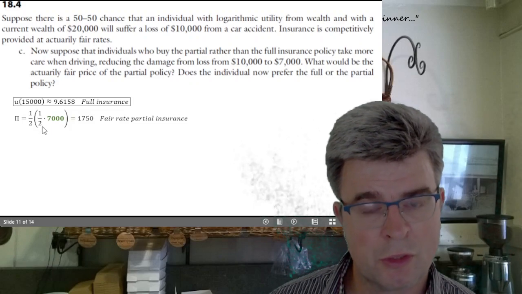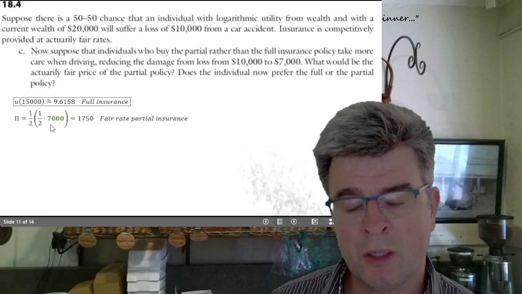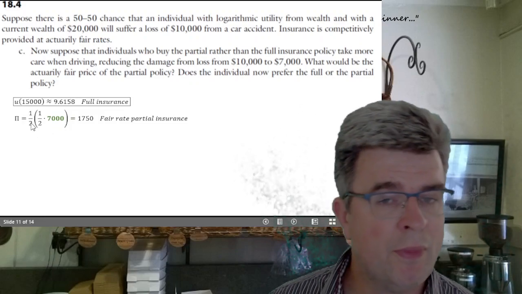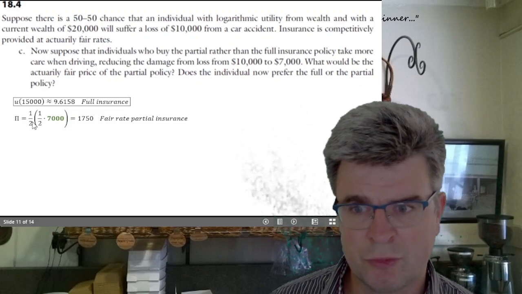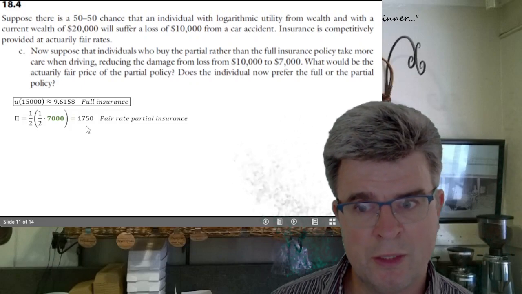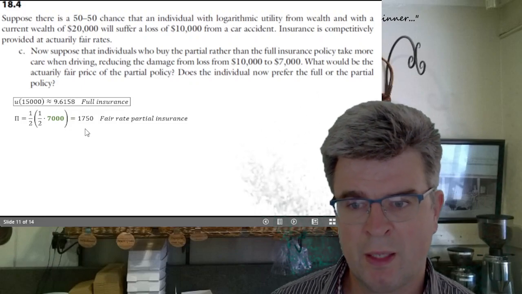In partial insurance, only half of the loss is covered by the partial insurance policy, and the probability that an accident will happen still is equal to 1/2. So the fair rate of the partial insurance in this case is equal to 1,750.